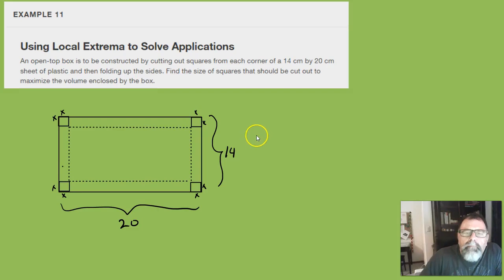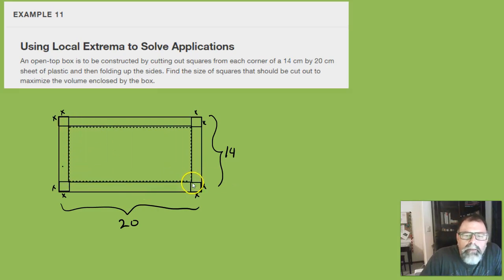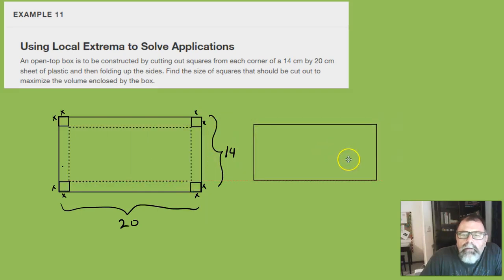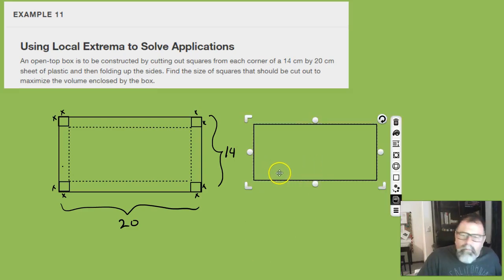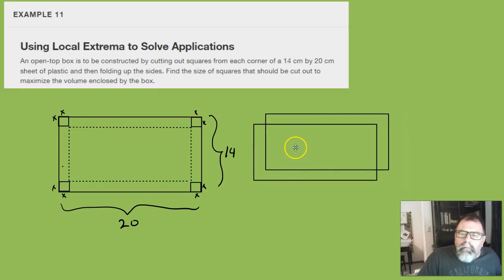So when we cut out those corners, our box is going to be basically like this. And then that x, that's going to be the height.